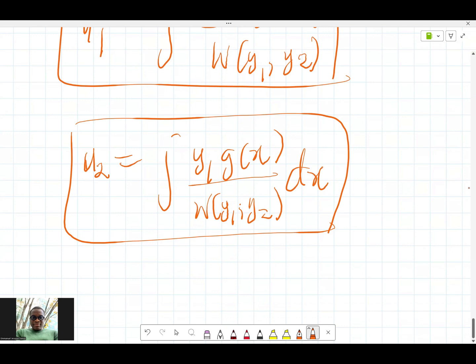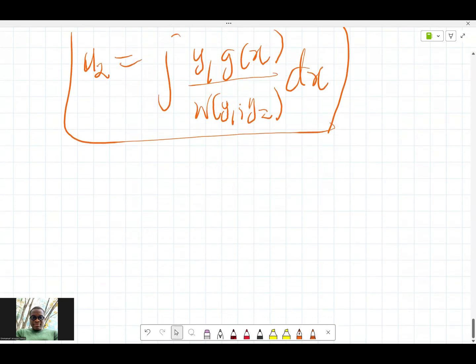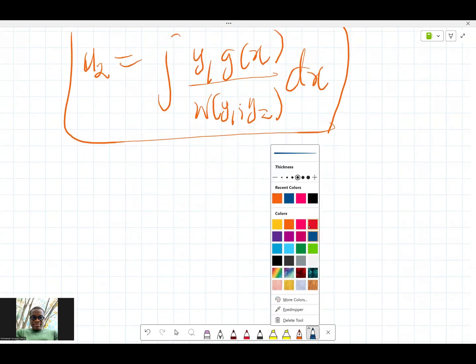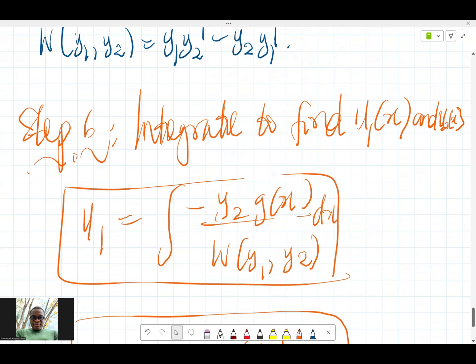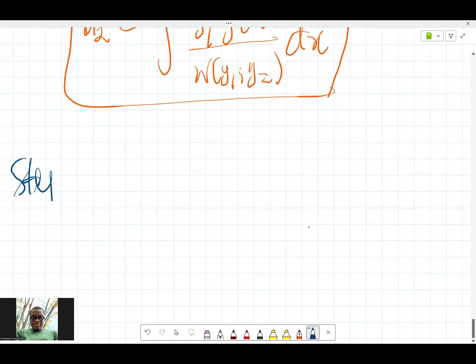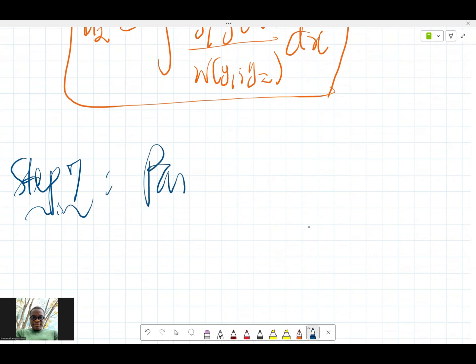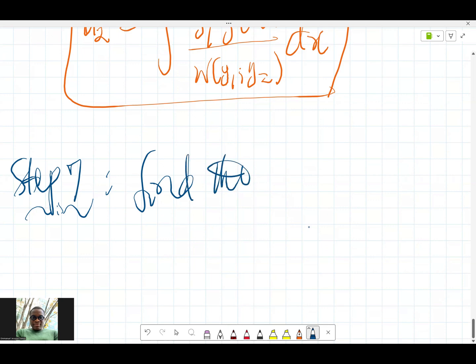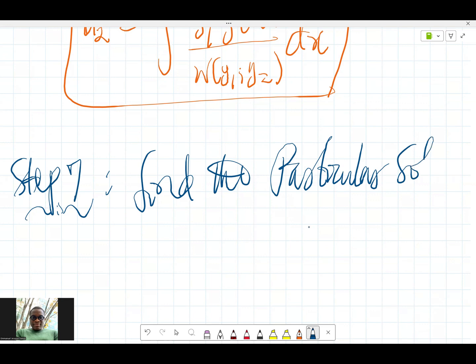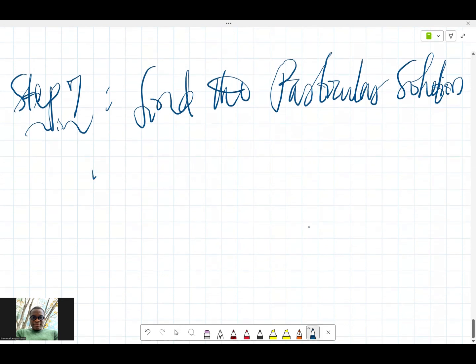And once we get this, we can then find, in step 7, the particular solution. So find the particular solution, that is now yp.